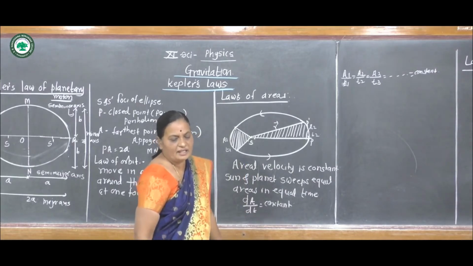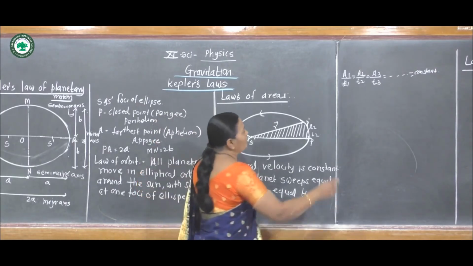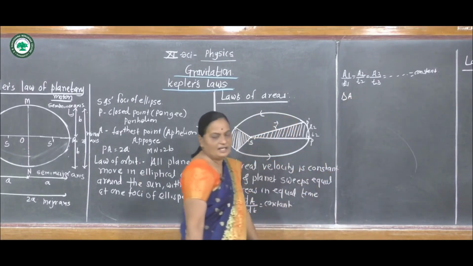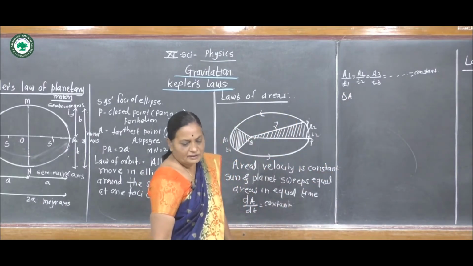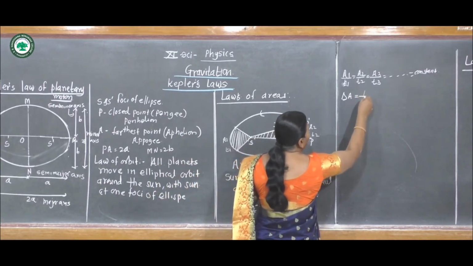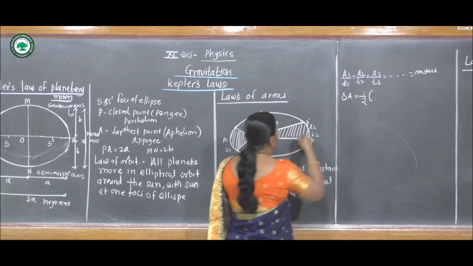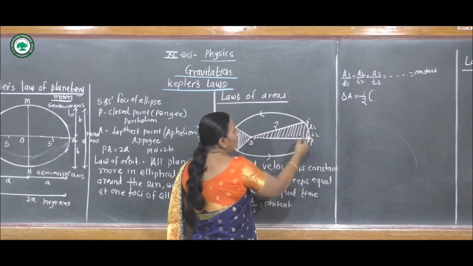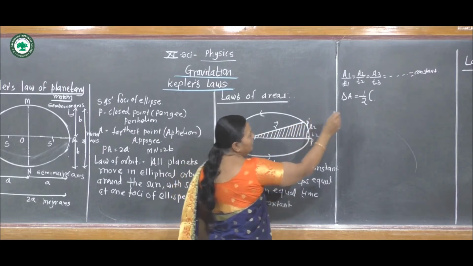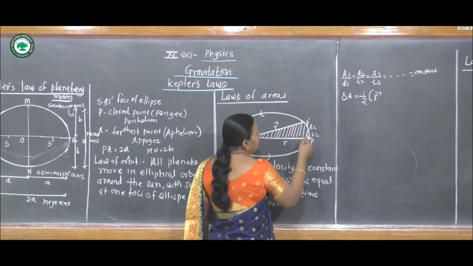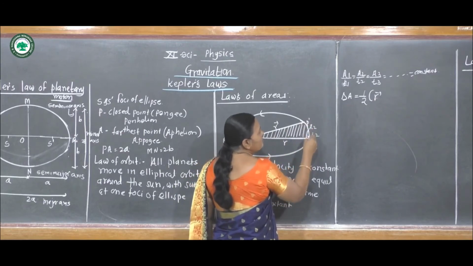Now, here we see delta A is equal to the area, and we can say it is 1/2. Now see here, the area of the triangle is 1/2 r. Suppose this is r and this is the height, and this is the distance covered.